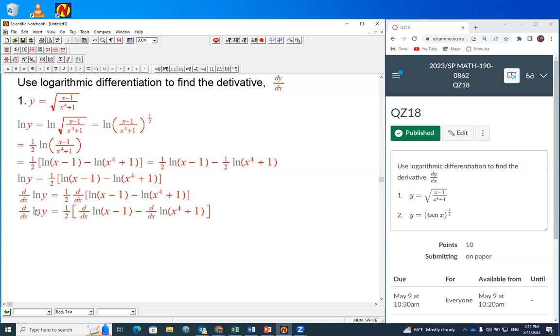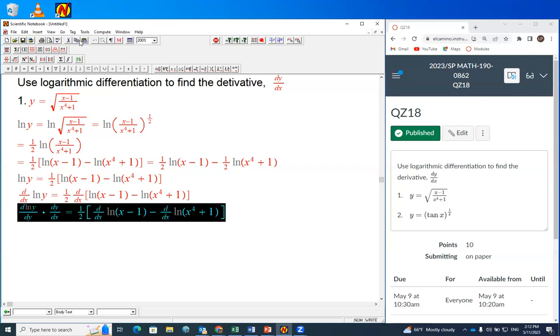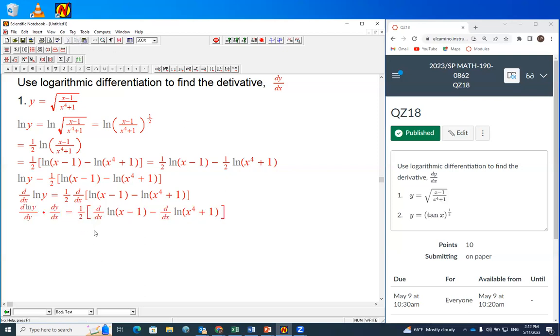On the left-hand side, it is by the chain rule: the derivative of ln y, right? And then we bring the dx over, and multiply by dy. You should be fairly familiar with this operation.